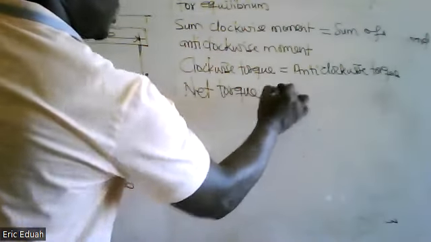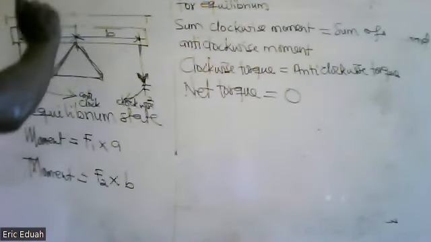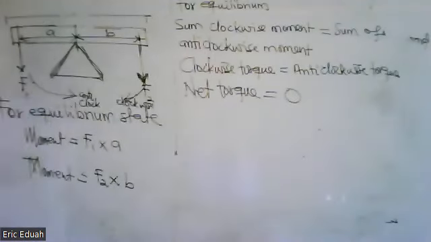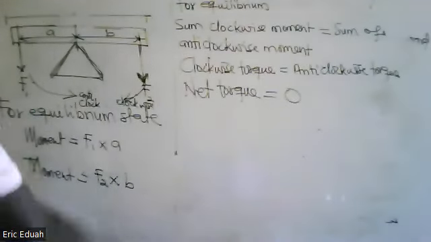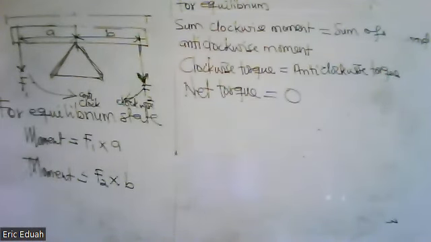Zero. Must be equal to zero. The net turning effect around the pivot must be equal to zero for equilibrium. And this is the second principle of moments.